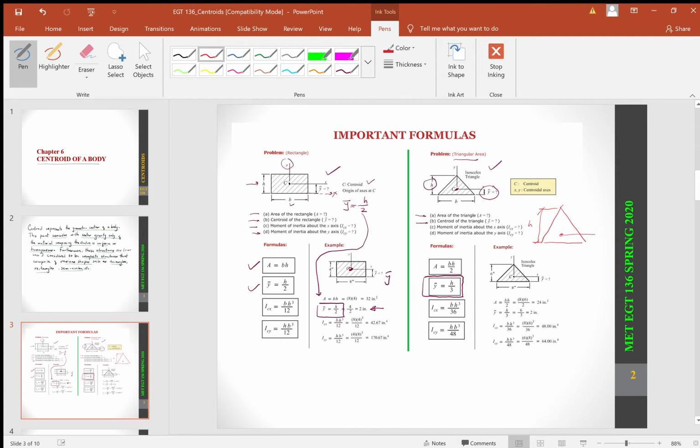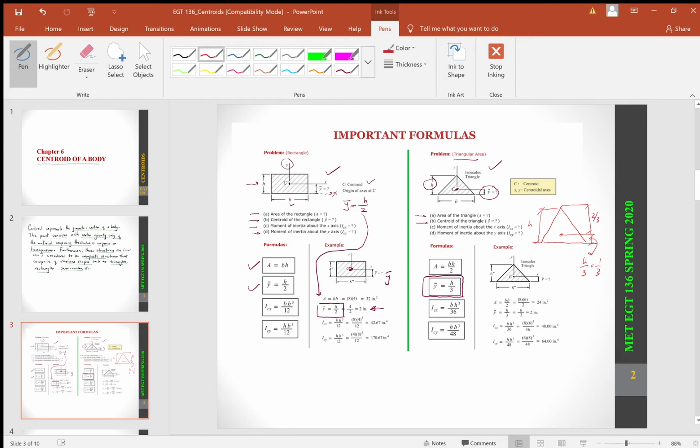From here to here is going to be h over 3, right? So, in other words, if your h happens to be 1, therefore it's going to be 1/3. Then from here to here is going to be 2/3.